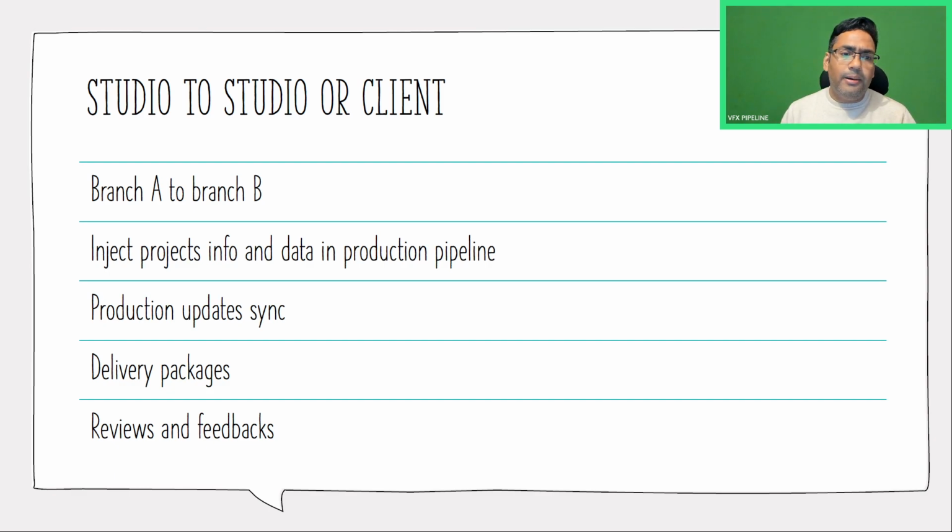Again comes the other part, which is delivery packages. Once you're done with your project, you can pack the files for your clients and submit them, and that packing part should also be automated properly. That is also one of the important parts. And reviews and feedback, because that is also a daily process.